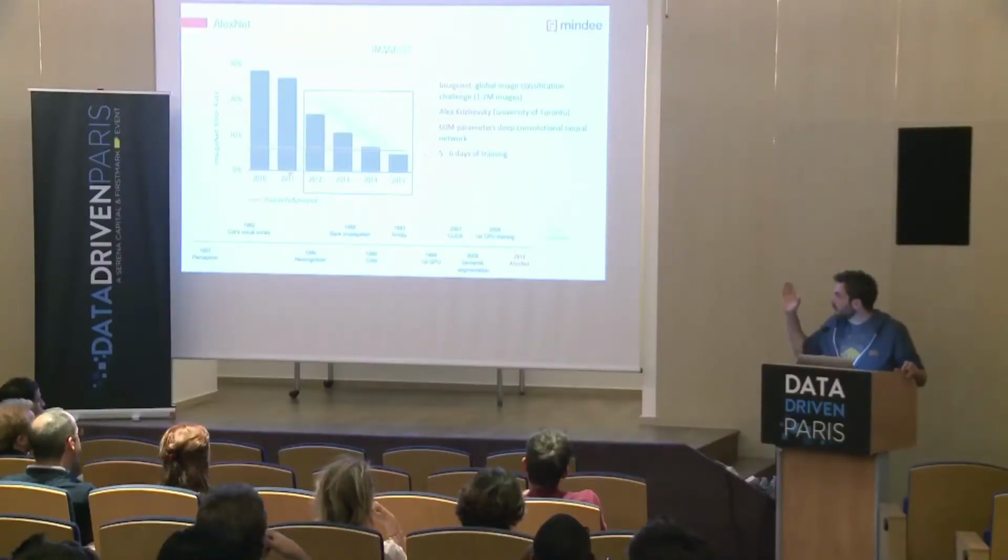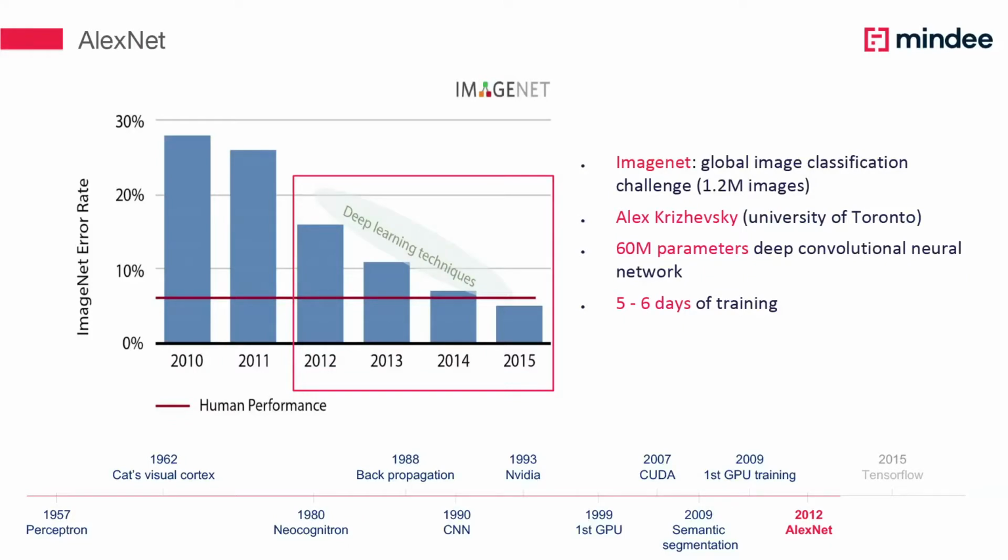And in 2012, the ImageNet classification problem. Just so you know, ImageNet is a global challenge where you have to train a model, whatever it is, to classify images into approximately 1,000 different classes. The score you can see on the graph in 2011 was around 57, so an error rate around 25.